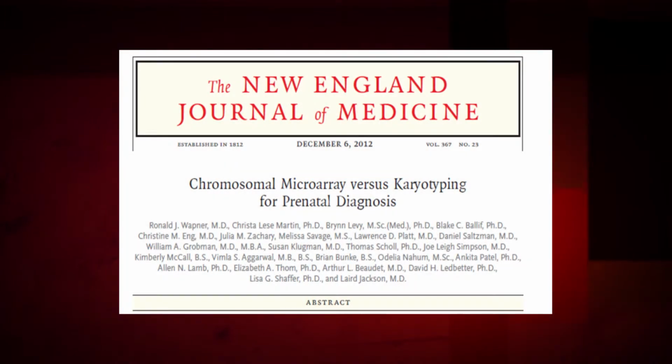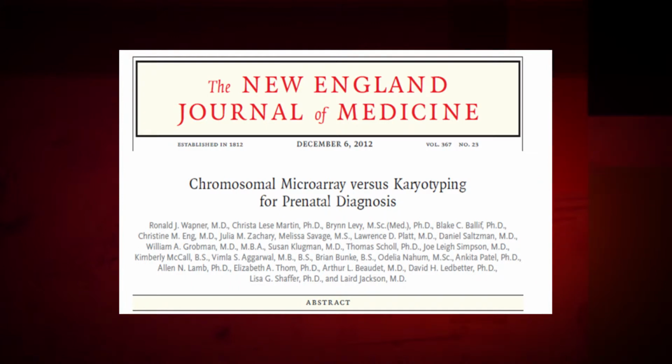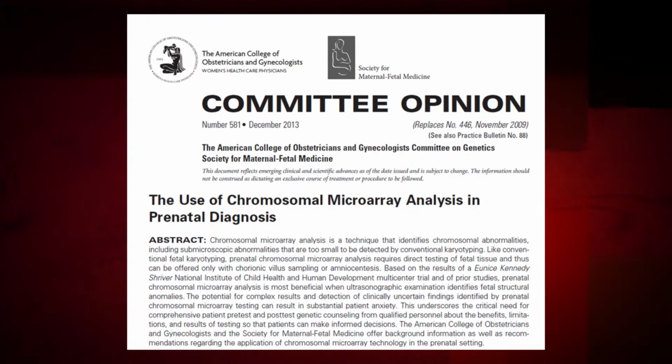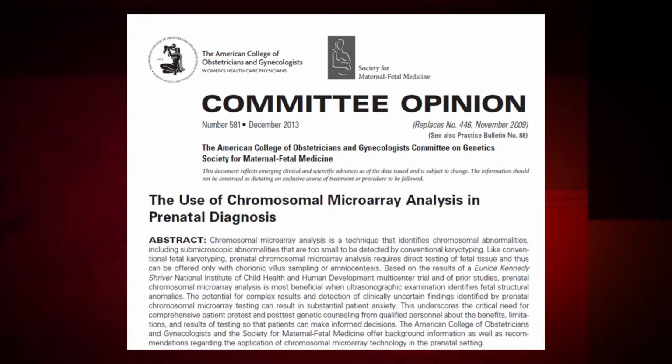Based on the general increase in the use of genomic microarray analysis in prenatal cases, especially based on the large study by Ron Wapner and colleagues published in the New England Journal of Medicine in December of 2012, the American College of Obstetricians and Gynecologists and the Society for Maternal Fetal Medicine made recommendations for the use of chromosomal microarray analysis in prenatal diagnosis in December of 2013.